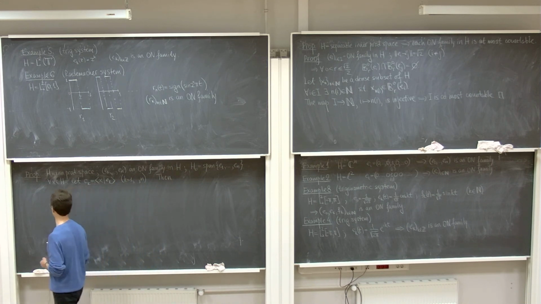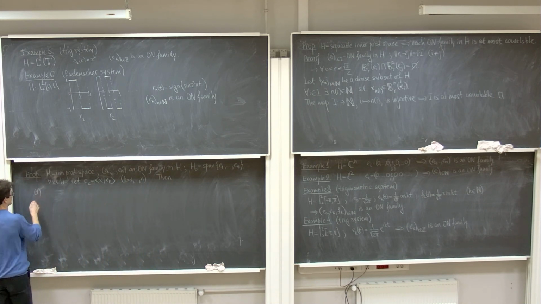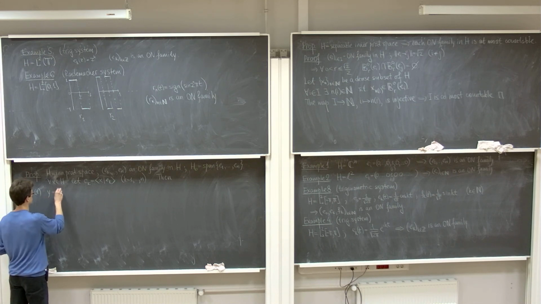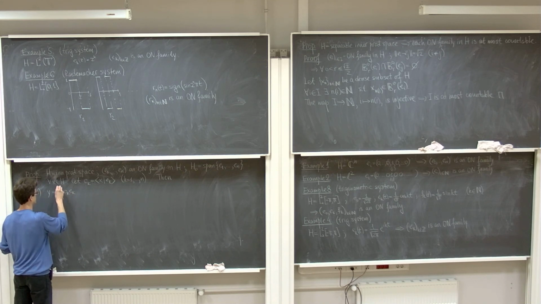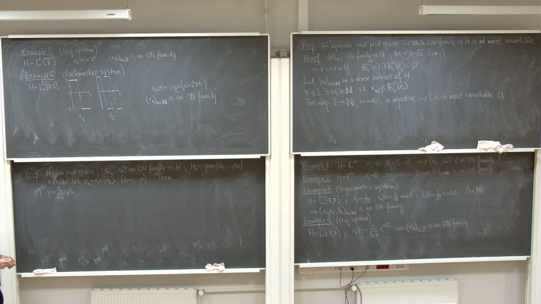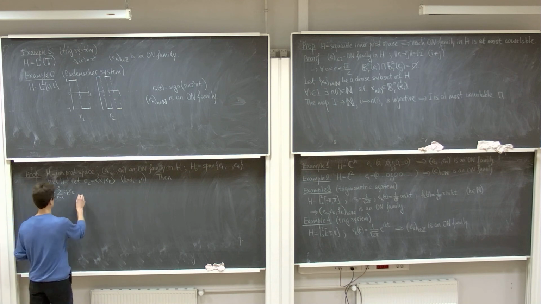Then, first of all, I claim that the following element y, given as the following finite sum, is the orthogonal projection of x onto H0.